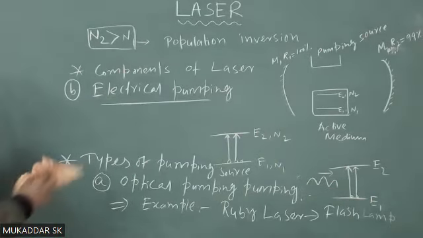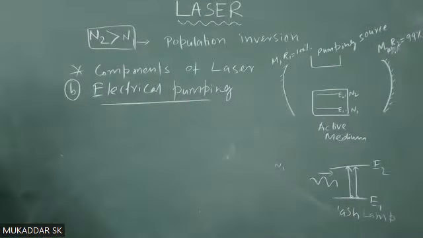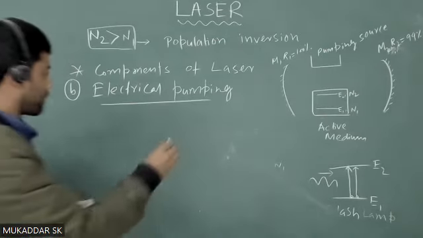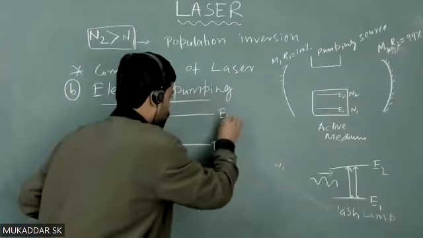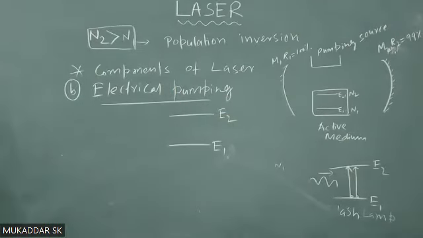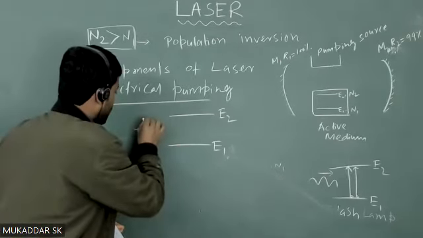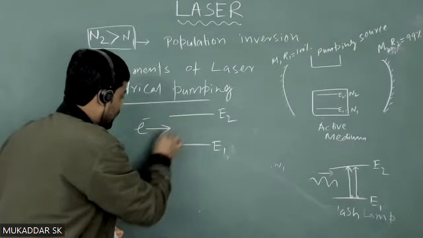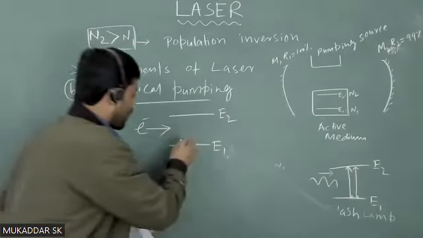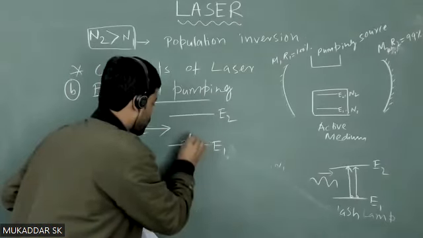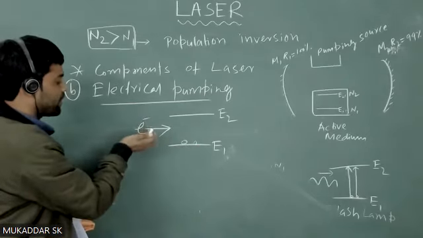Then you have electrical pumping. In electrical pumping, again you have two levels, E1 and E2. A high energetic electron is incident on the system, and the atoms at the ground state absorb the energy from the high energetic electron.